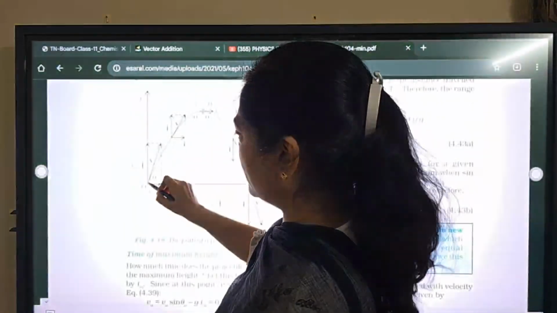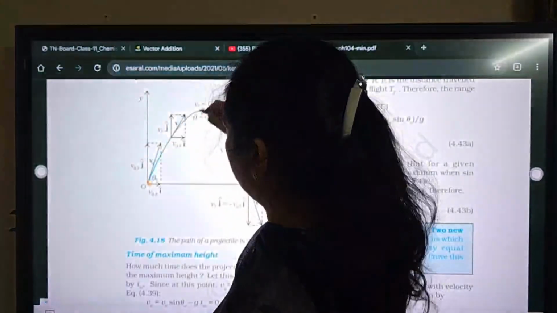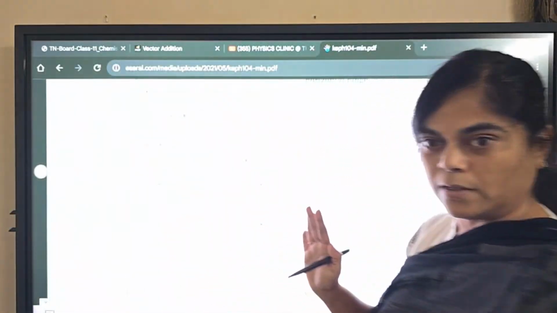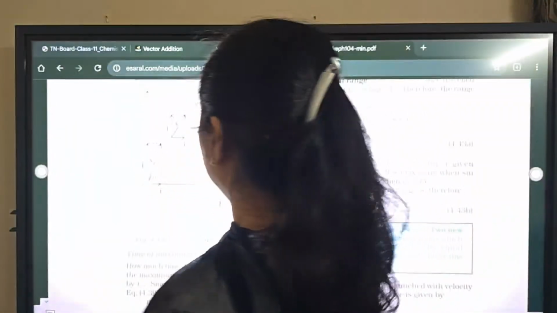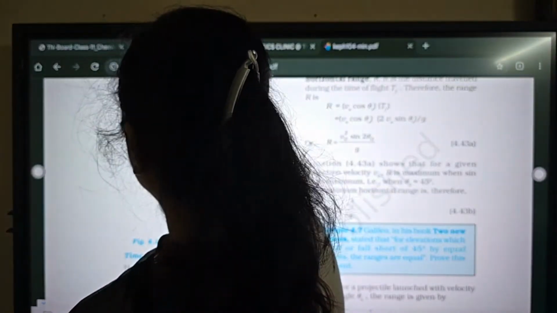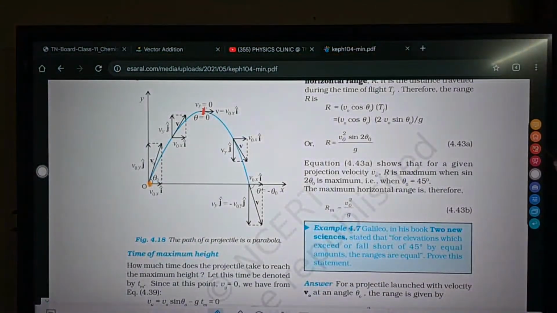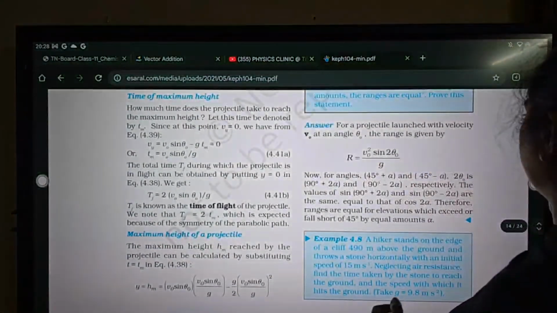The object is flying, it is projected. When it reaches the maximum height, what will be the time? That means half of the time is calculated right now. So in the total journey of a projectile, you are first calculating half of the time, at the maximum height. Since you know at the maximum height the velocity will be 0, that is the hint we are taking.